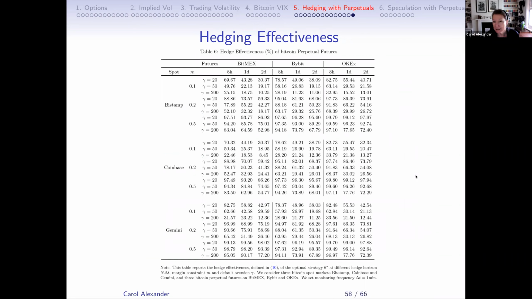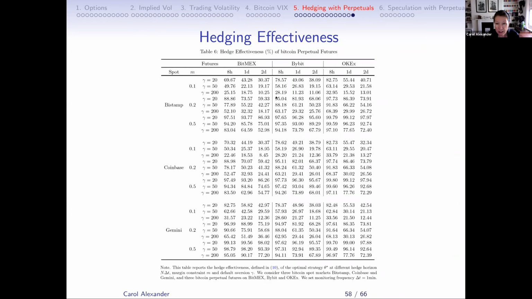Just to look at the hedge effectiveness of Bitcoin perpetual futures, how varied it is depends on what underlying you're hedging, what perpetual contract you're using, how long you hold it for, and how big your buffer is. It also depends on your particular default aversion.